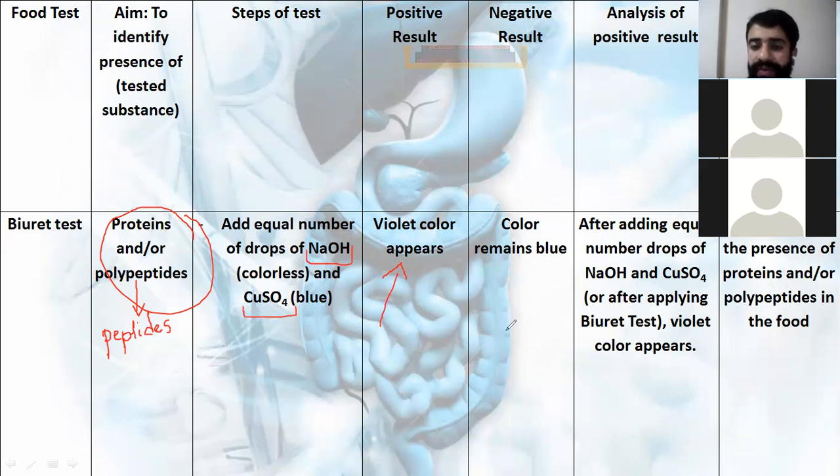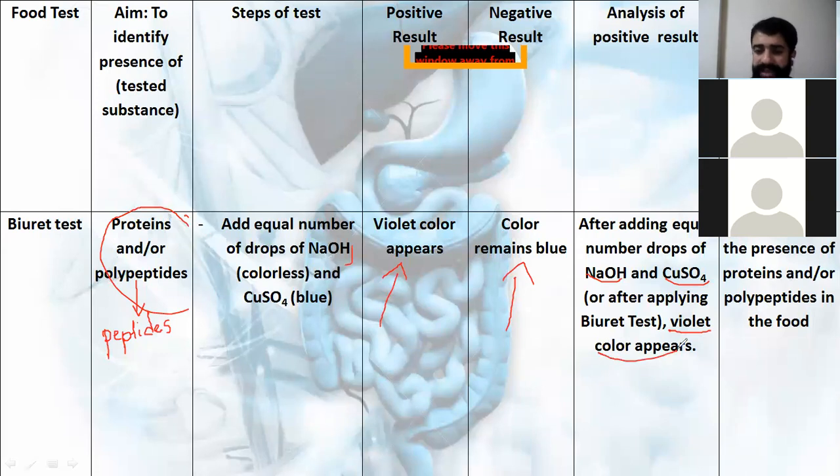The negative: the color remains blue. Analysis of the positive: after adding equal drops of NaOH and CuSO4, or simply after applying the Biuret test, a violet color appears. This indicates the presence of proteins and/or polypeptides, or both, in the food.